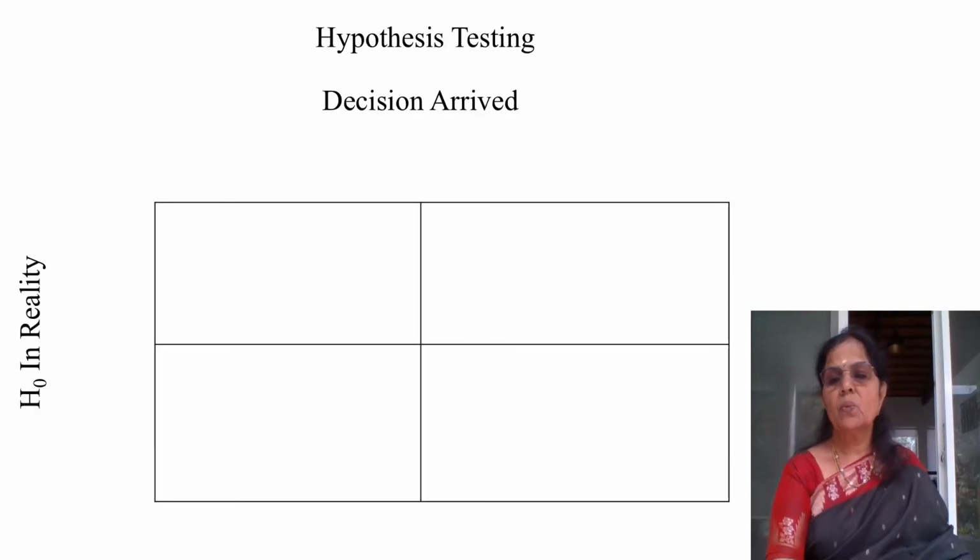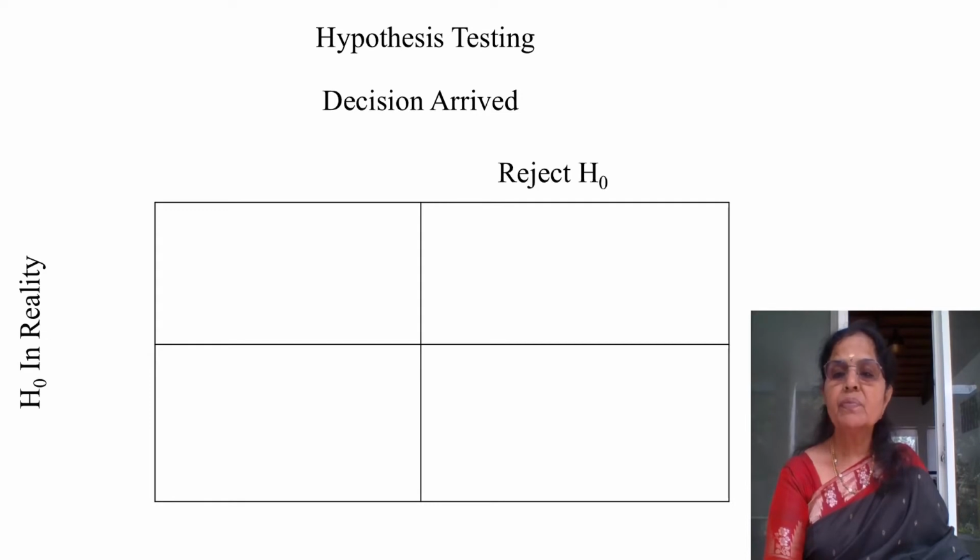In hypothesis testing, what we are really doing is checking whether our claim, our guess, is correct or not. So our claim is put to test. And there are 4 possibilities here, shown in the table. In the rows, whose heading is decision arrived, we have 2 possibilities.